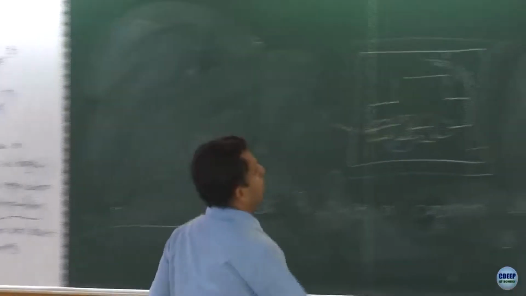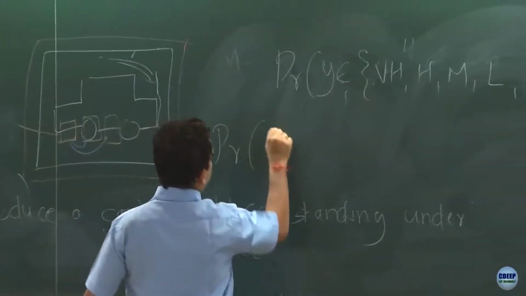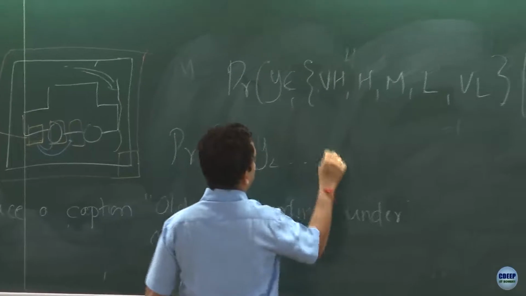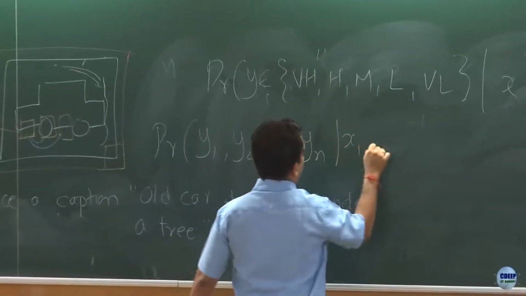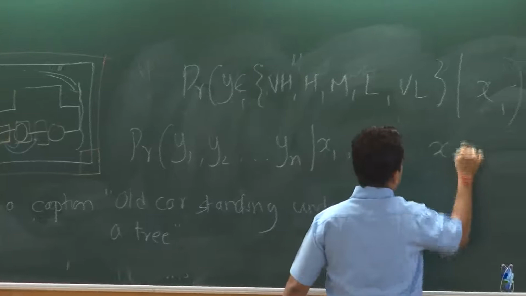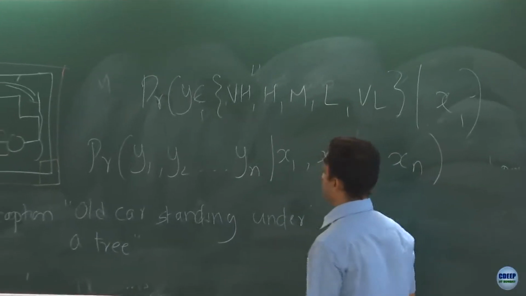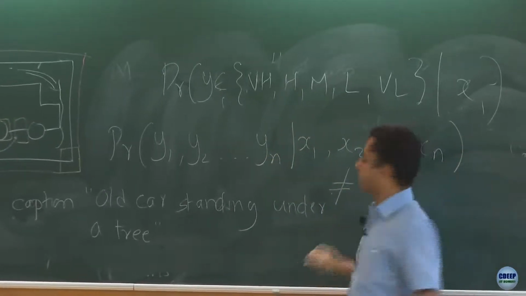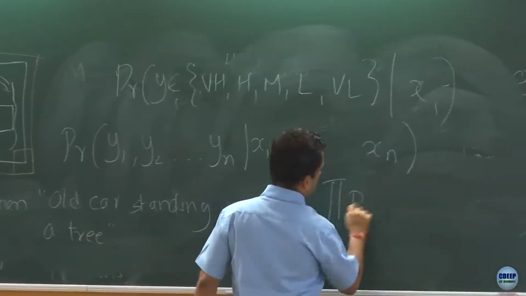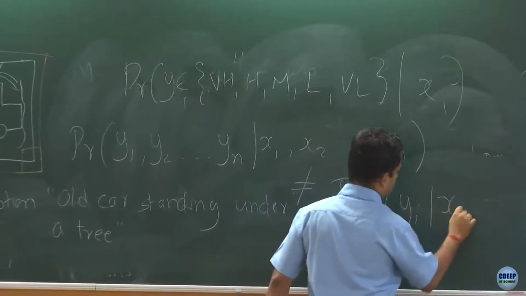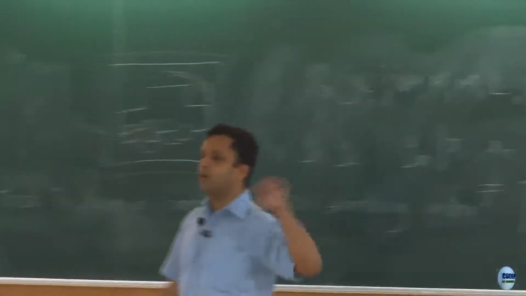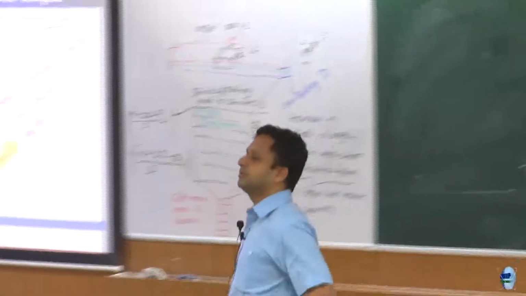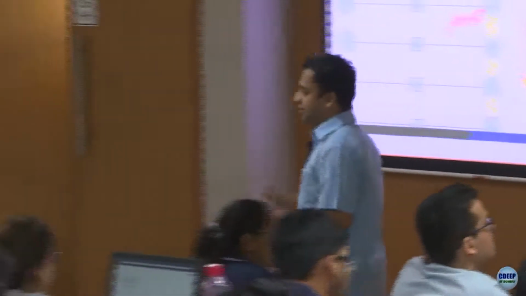So what we are looking at is probability of y1, y2, yn given x1, x2, xn, and this is no longer equal to the product over i of probability of yi given xi. If it is no longer equal to this, then tell me what you could do. Give me an expression, it's okay if it's not a properly normalized probability distribution.